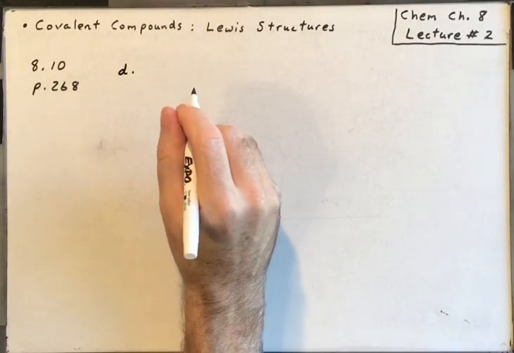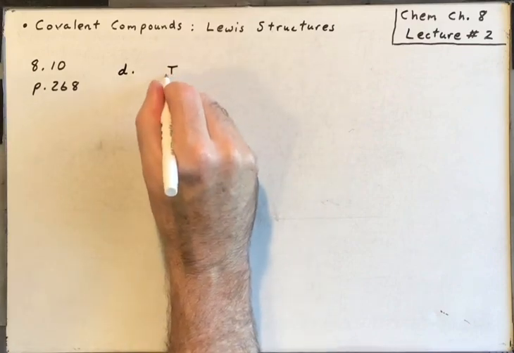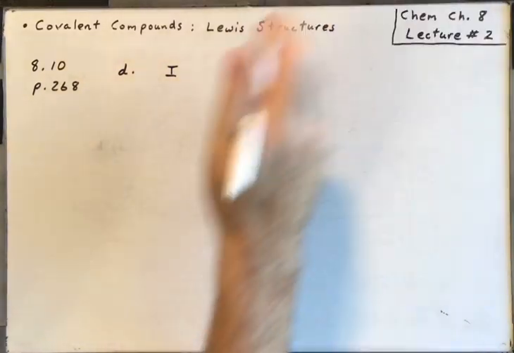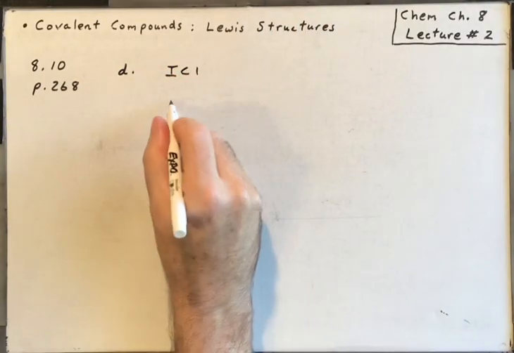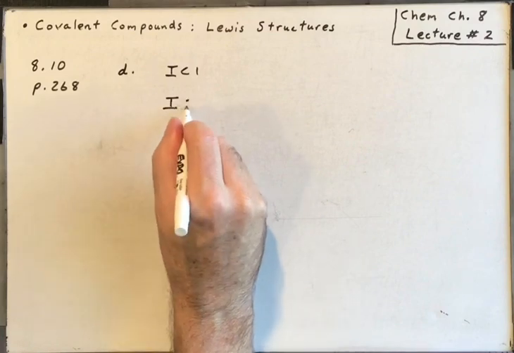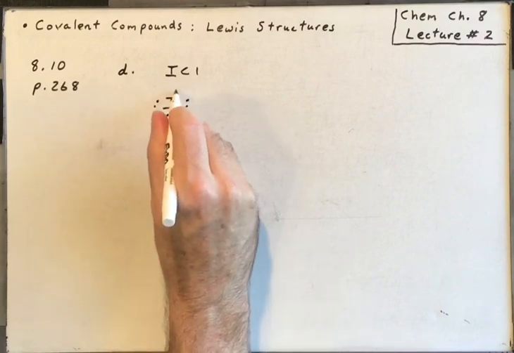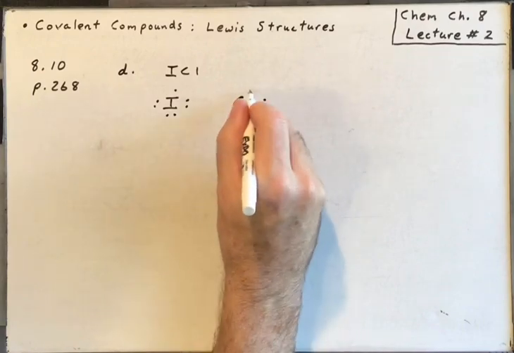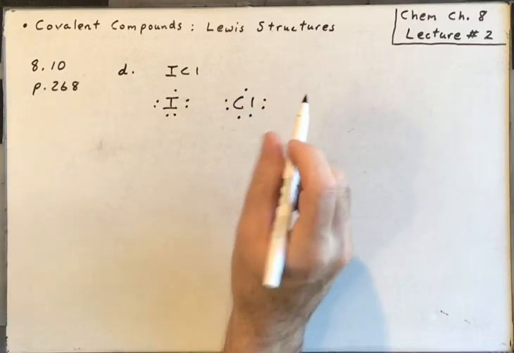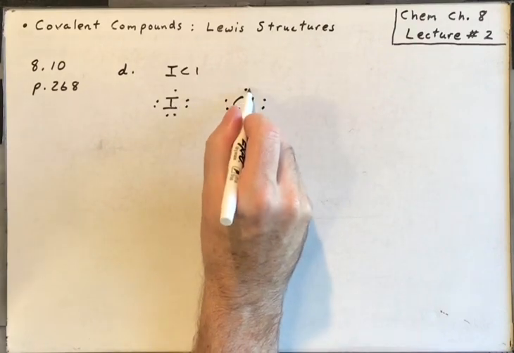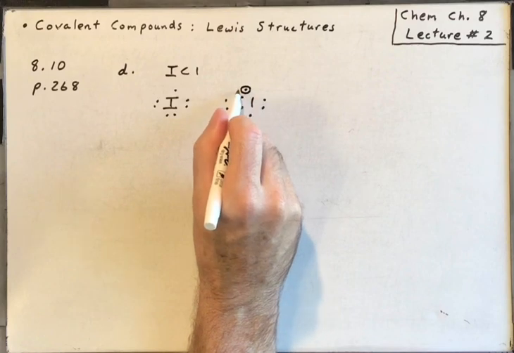All right, in part D, ICl. Okay, iodine, look at it, it's in column 7, so 1, 2, 3, 4, 5, 6, 7. Chlorine also, look at your periodic table, in column 7. So each of these atoms would be happy with just one more electron, then they'd have 8.